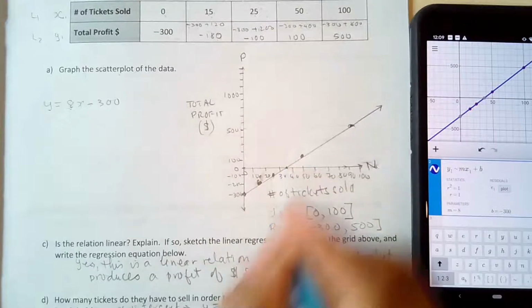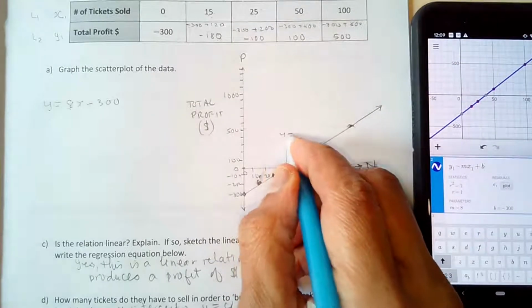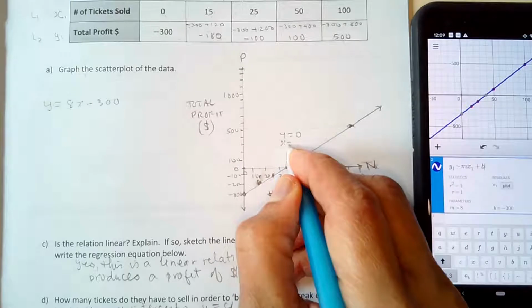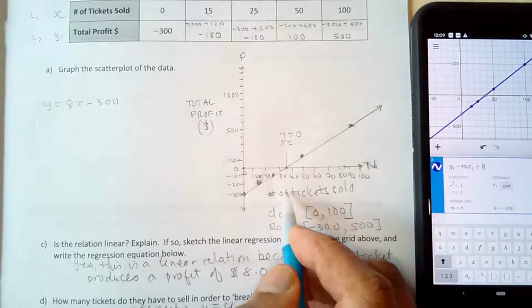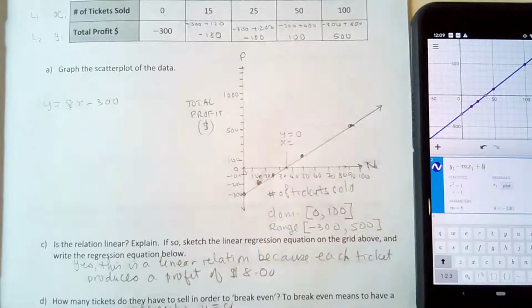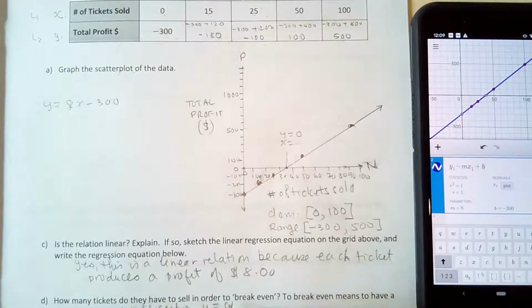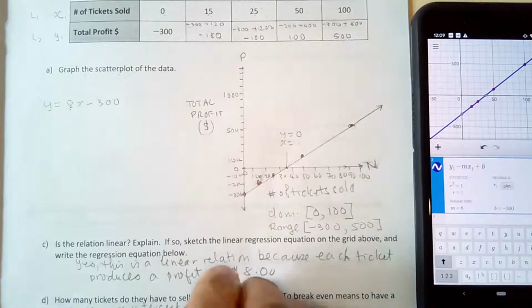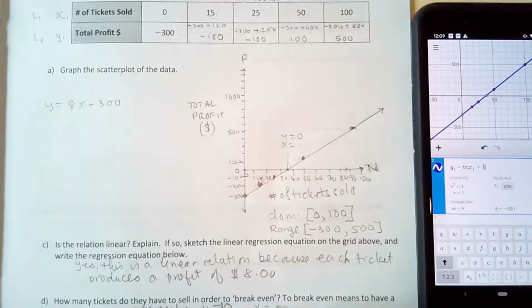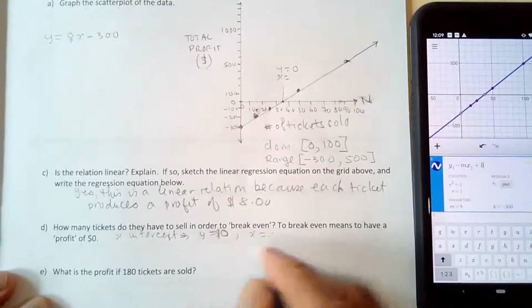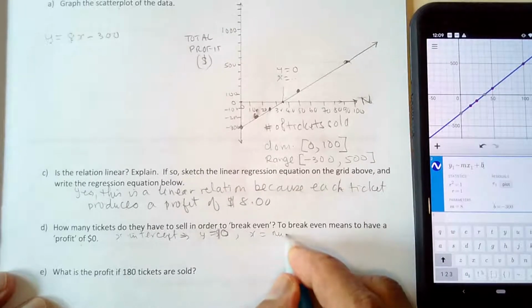What is x? The x will tell you how many tickets they'll have to sell to break even. Y equal to 0, which is $0, and x will be equal to the number of tickets.